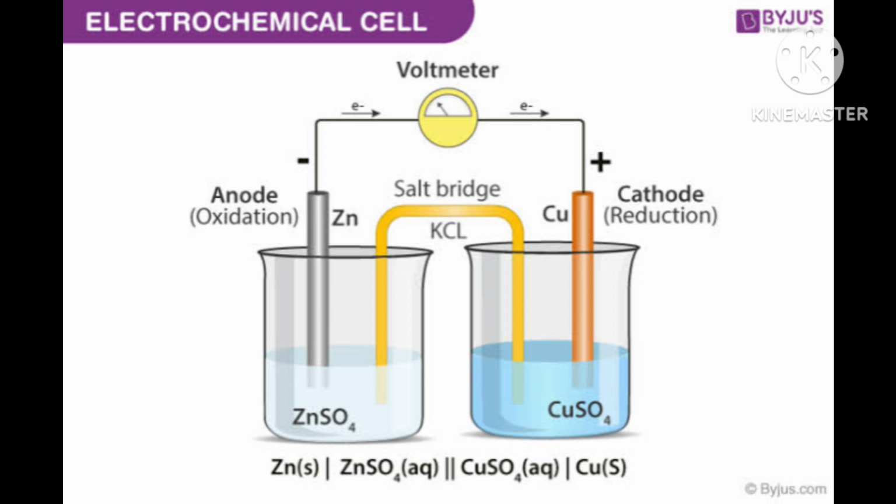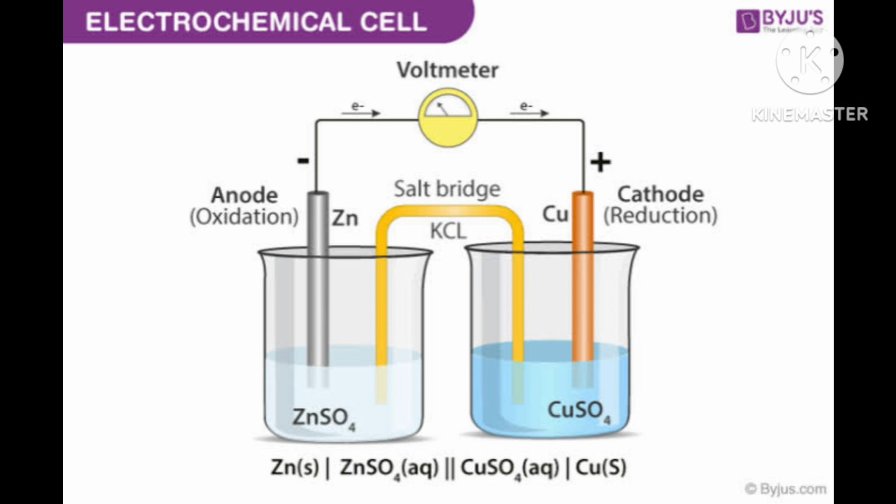An electron will come from the zinc side, from the Zn. Then again the same thing will happen, because more copper ion, positive ion Cu++, was in more quantity. That's why the cathode becomes positive.